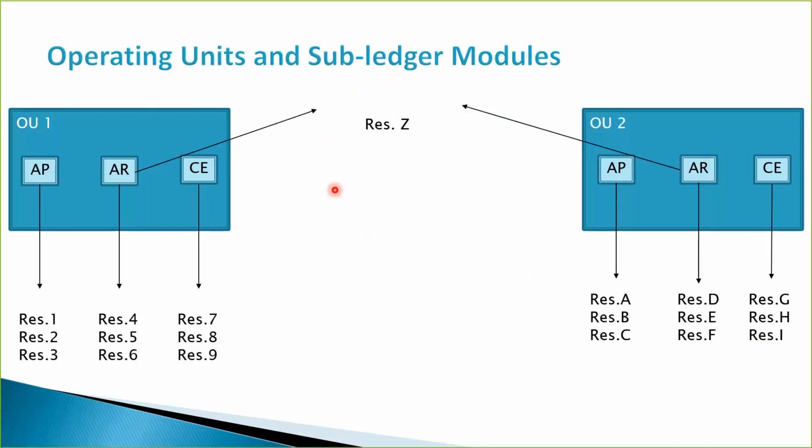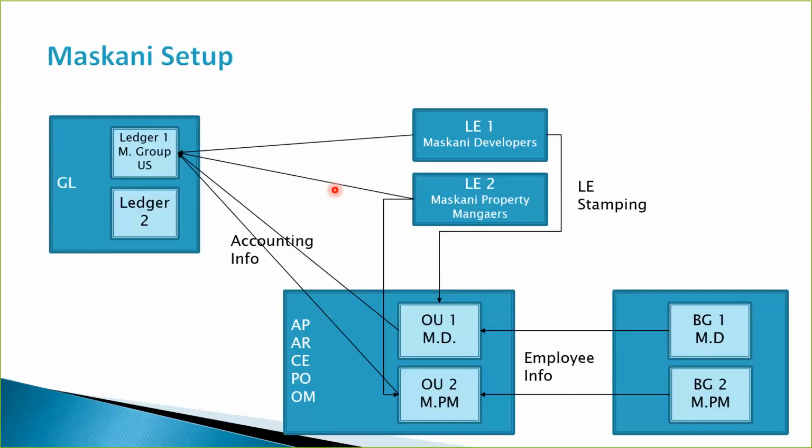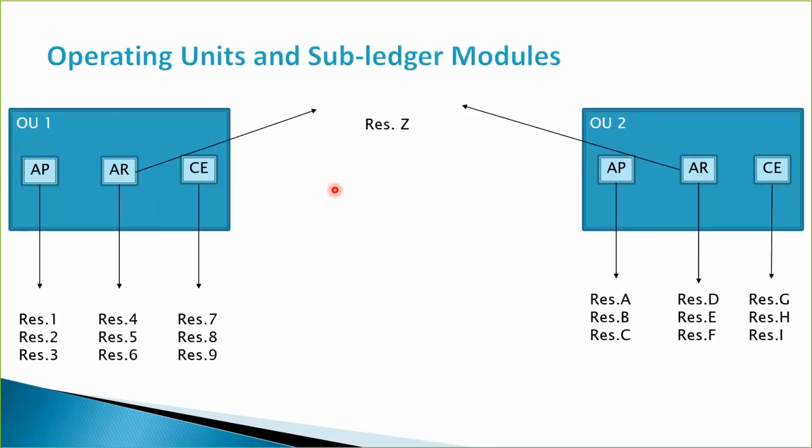And right now you should remember how we are able to do that using the profile options. We talked about different profile options when we were setting up AP, and we are going to be utilizing those same profile options as far as operating units are concerned in AR.